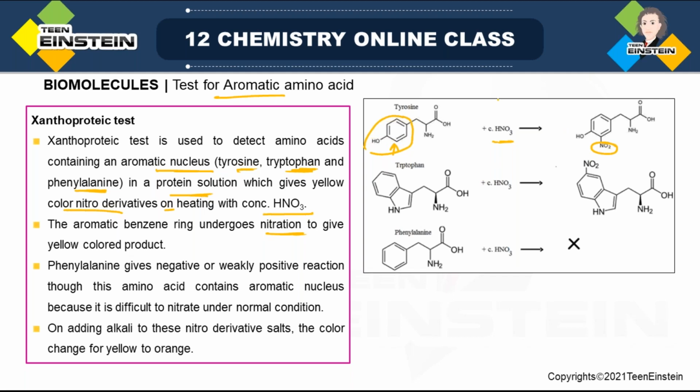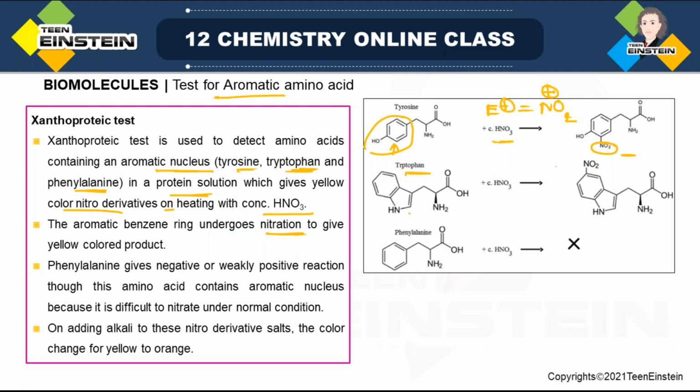This is electrophilic substitution, where the electrophile, E plus, is basically NO2 plus. NO2 plus is inserted in the benzene ring. The hydrogen at the ortho position with respect to OH is replaced by the NO2 group. So this is nitration of the benzene ring, and this test will be positive because of this insertion of the NO2 group.